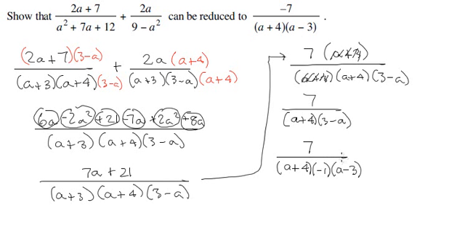Now we have the a minus 3 that they wanted, and you see how here we can do 7 divided by negative 1, and that's where the negative 7 comes from. These two plain old numbers are the ones you divide to get negative 7, and then left over from that we have a plus 4, which they wanted, and we have a minus 3, which they also wanted.